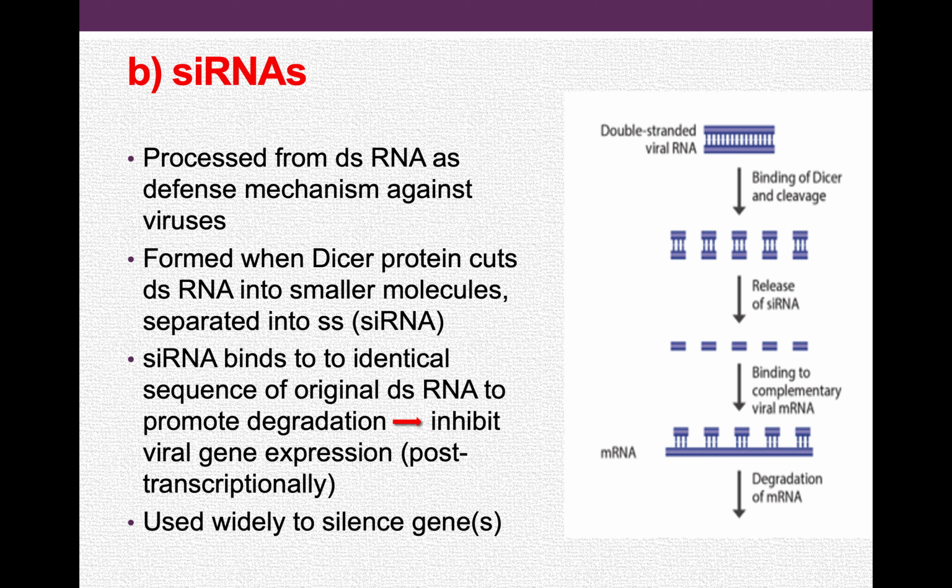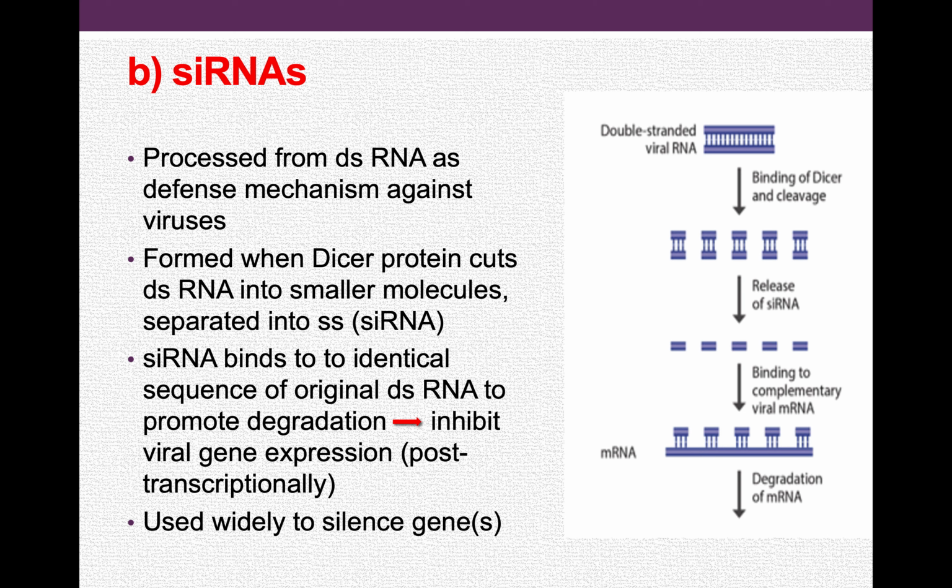So it is formed when the Dicer protein cuts double-stranded RNA into smaller molecules, so you get single-stranded RNA, also called, of course, your small interfering RNA. So it will then bind to the identical sequence of the original double-stranded RNA to promote degradation. And of course, once it binds to it, as you can see over here, it inhibits viral gene expression post-transcriptionally, and it has been widely applied to silence genes.